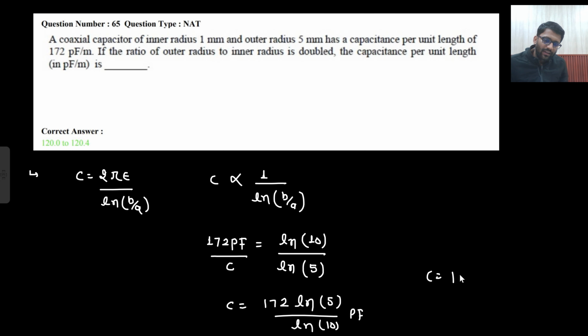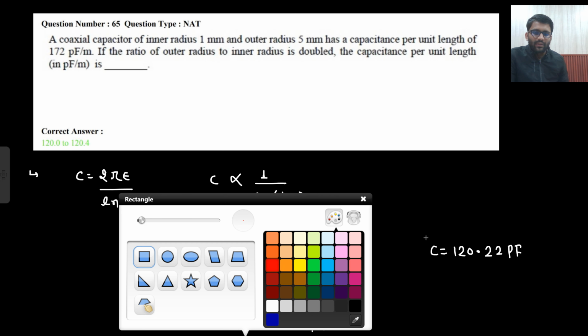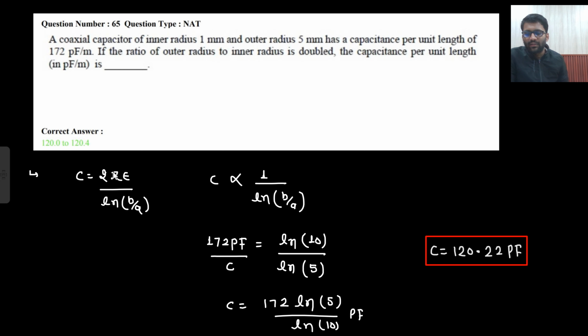So the value of C you will get, as far as I remember, was something around 122.23, or let's solve it. 120.22 picofarad. That's it. Okay. This was a very simple, straightforward question.